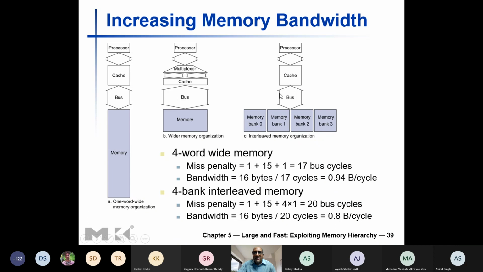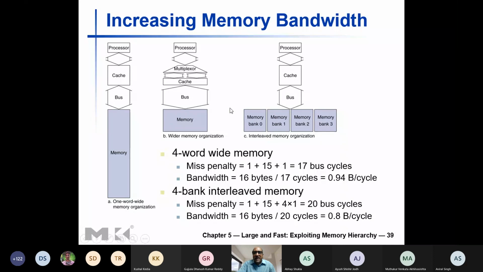So if you organize the memory in the form of banks, you can access all 4 banks simultaneously, in one access time, activating all 4 banks of a particular row. That way, with interleaved memory, the miss penalty is 1 plus 15: 1 is the address transmission, and 15 is the access time of memory.